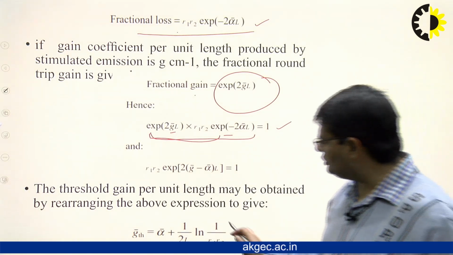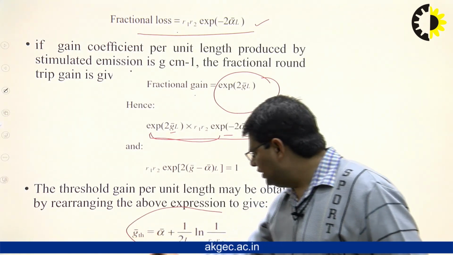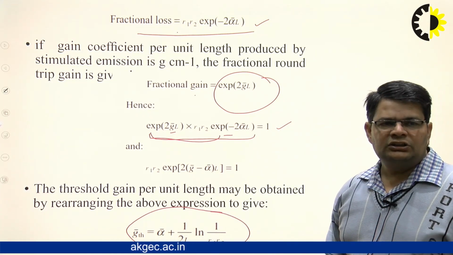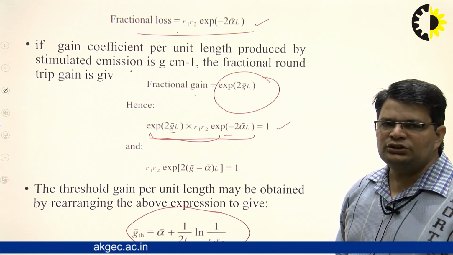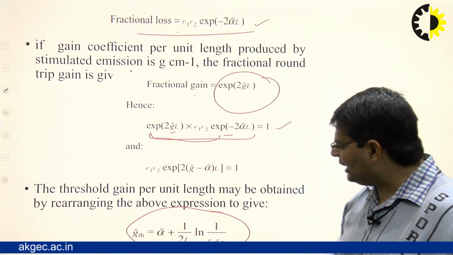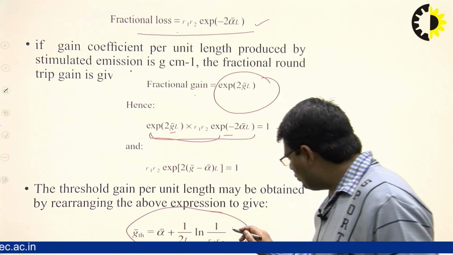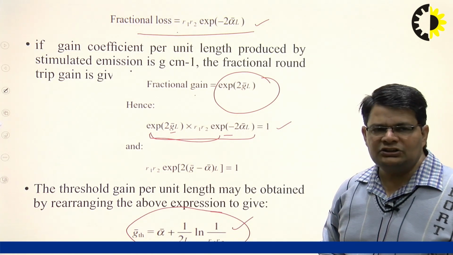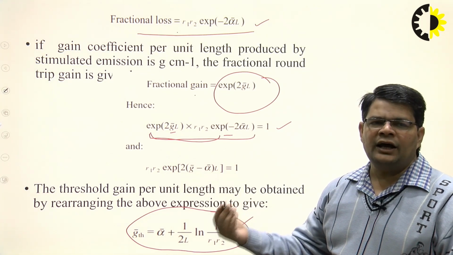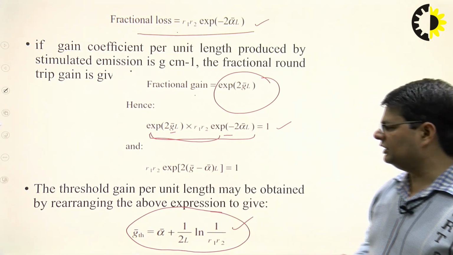The value of gain that we achieve in this case is known as the threshold gain, and the condition is known as the threshold condition for laser oscillation. Inside the cavity, this amount of gain must at least be generated to get sustained oscillation, or to get light output from the laser cavity.